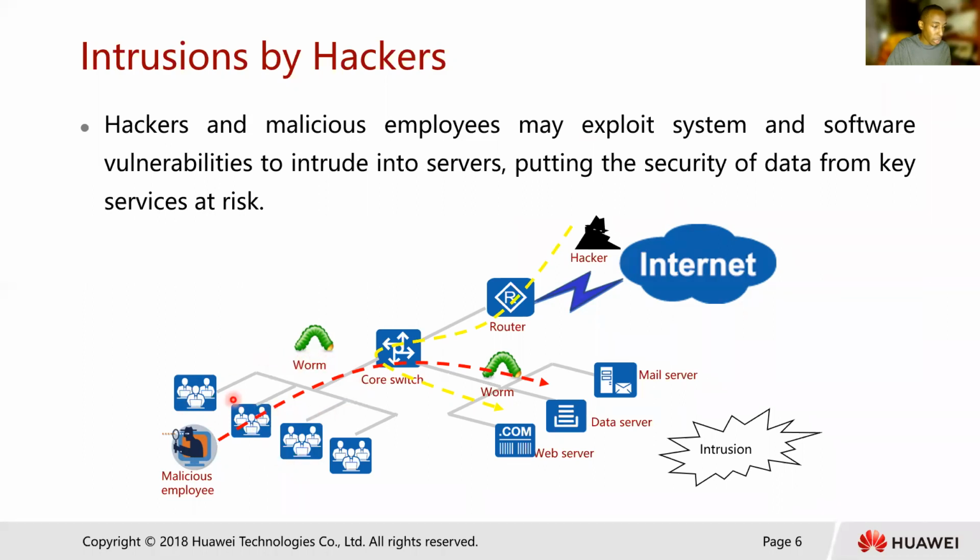They actually send out an intrusion. For example, the worm goes through the core switch. They go into the servers, right? The data server, the web server, the mail server. And another intrusion that can take place is from a hacker going through the router, also targeting the server.